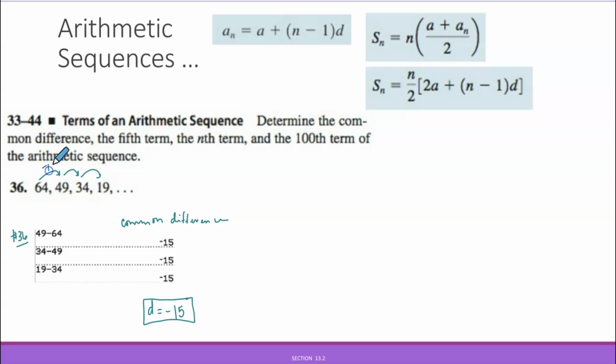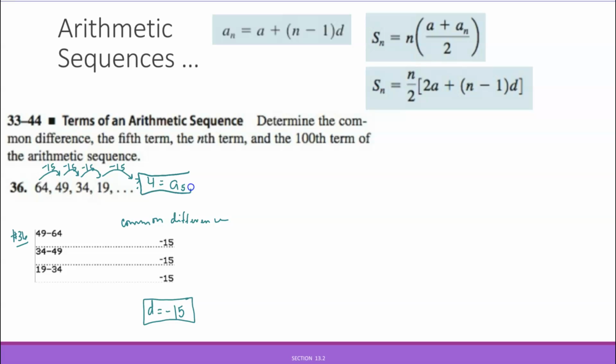So in each of these cases, we're subtracting 15 from the number to get to the next. So what would be the 5th term? 19 minus 15, which would be 4. So 4 is the 5th term of our sequence.